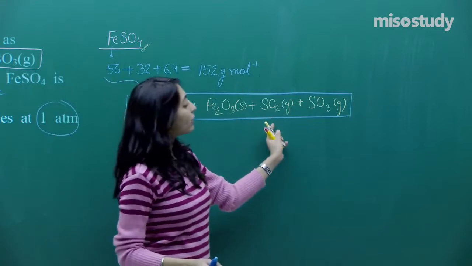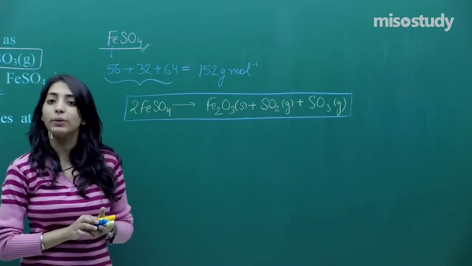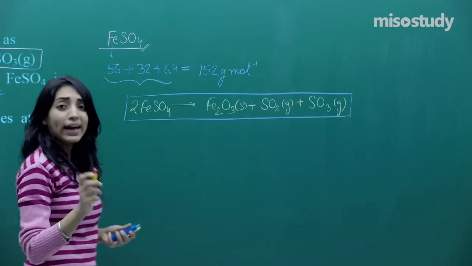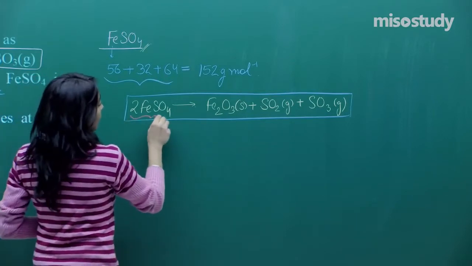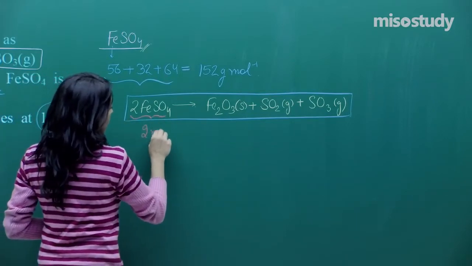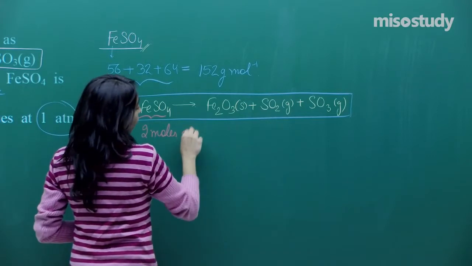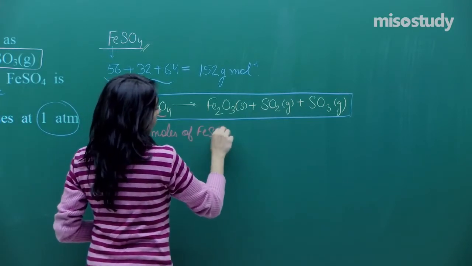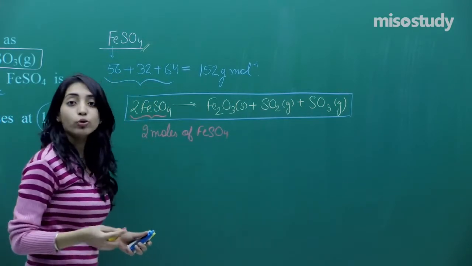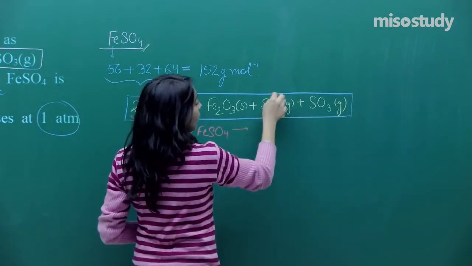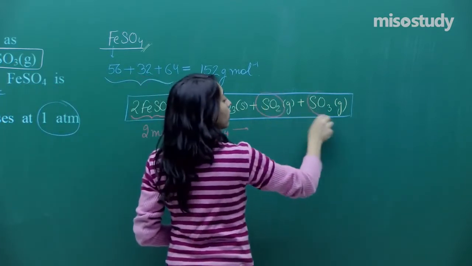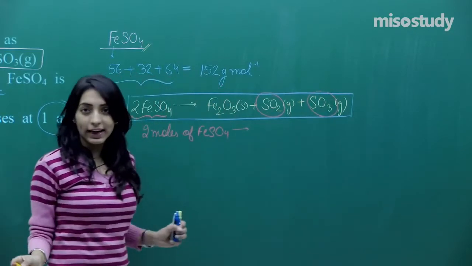So what is the volume of SO2 and what is the volume of SO3, that will be evolved out. Okay. So can I now simply say that if you are starting with 2 moles of FeSO4, then how much SO2 will be getting? So you will be getting 1 mole of SO2 and 1 mole of SO3, right?